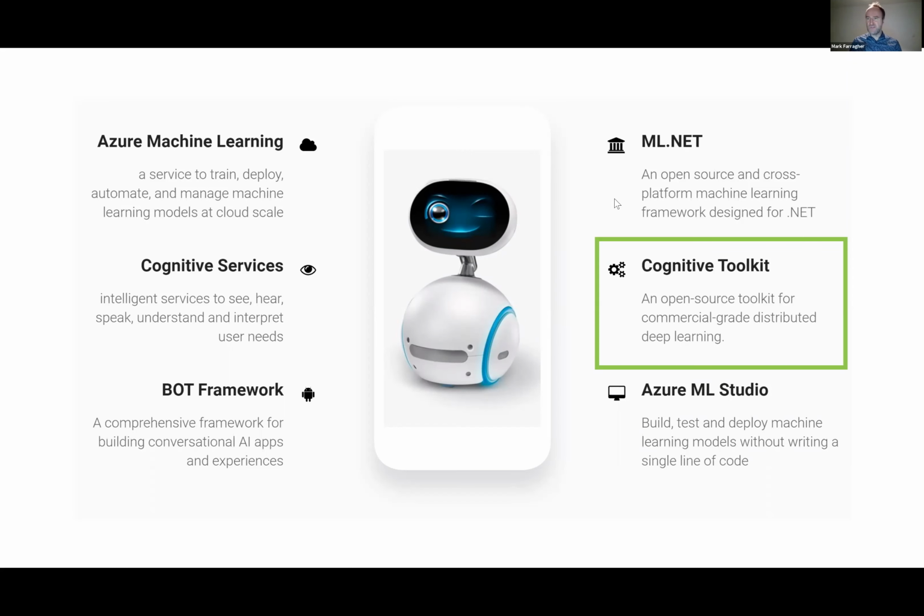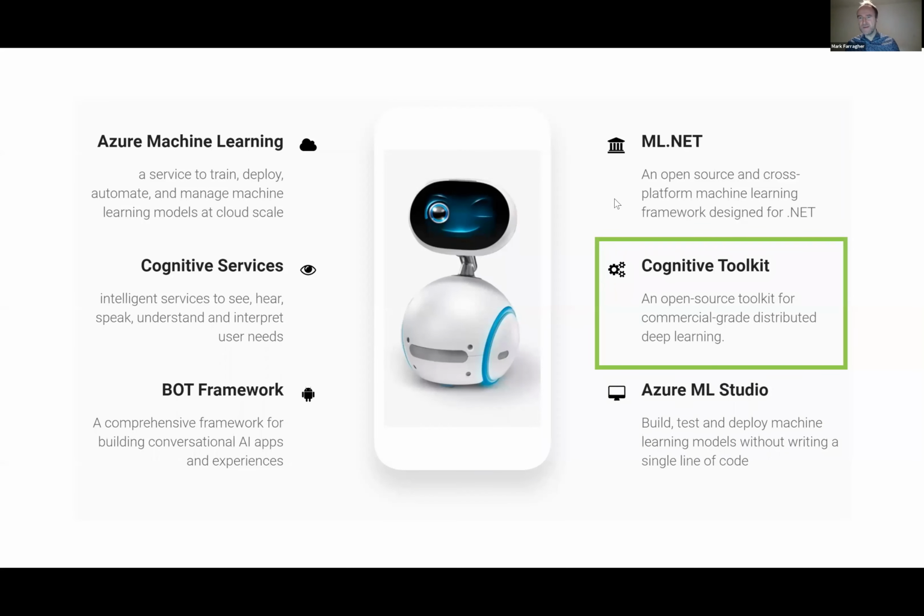You can do speech synthesis, you can do speech recognition, you can build bots with Cognitive Services, you can do object detection, and you can do face recognition. So it's a whole bunch of pre-built APIs for these specific tasks. Then the Bot Framework, I mentioned it already. You can build your own conversational bots.